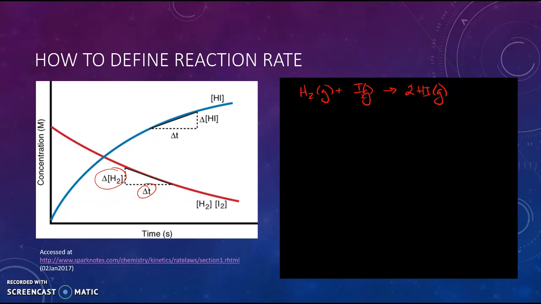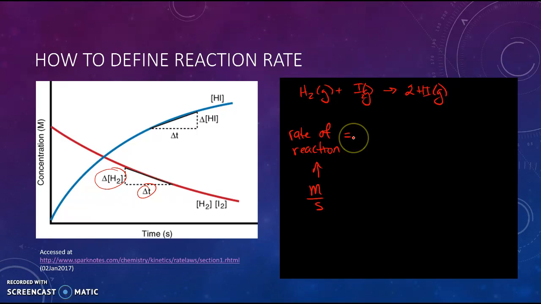I could write the rate of reaction in a few ways. And by the way, this rate of reaction will always be in terms of molarity per second. It's concentration per time, so it's going to have units of molarity per second.